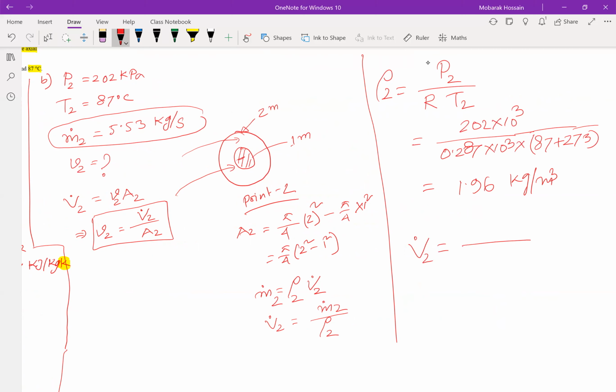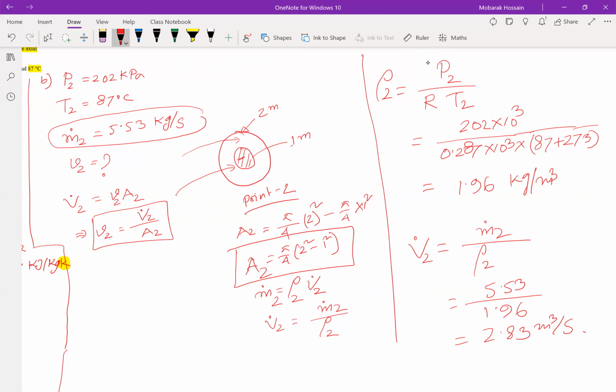So mass flow rate is given as 5.53 and density at 2 is 1.96. So your volume flow rate will be 2.83 meter cube per second. Now we have the area here, we have the volume flow rate here.